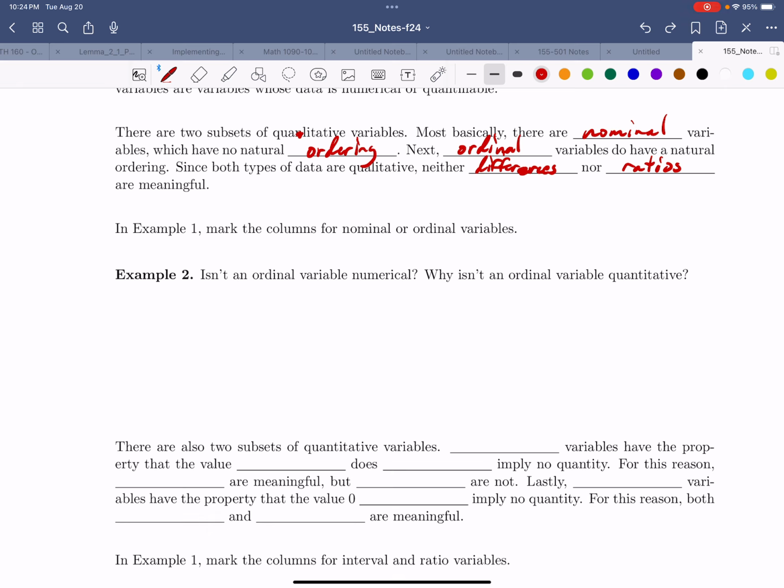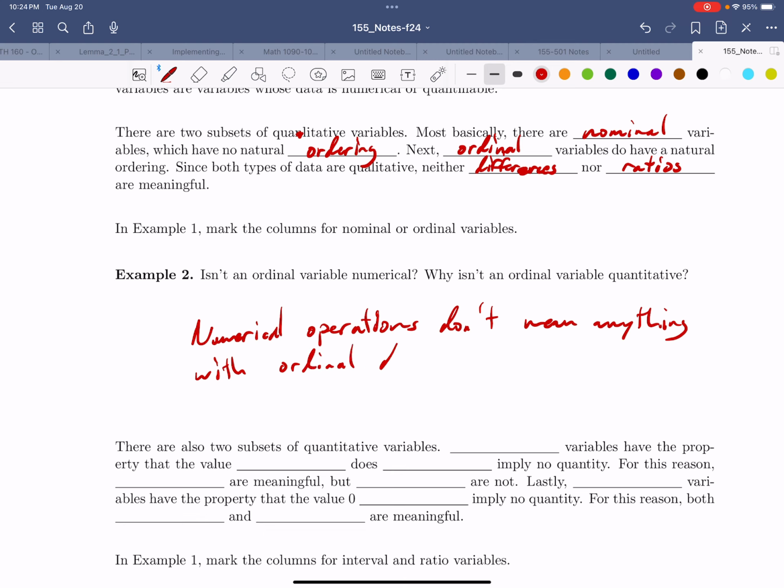So the reason that an ordinal variable is not quantitative is that numerical operations don't mean anything with ordinal data, right?